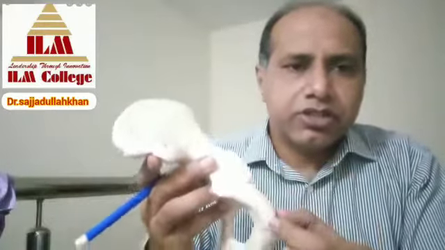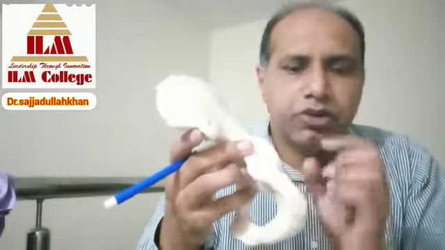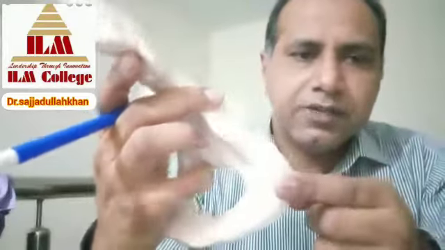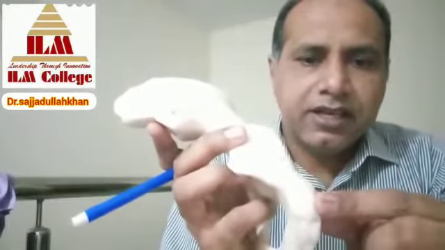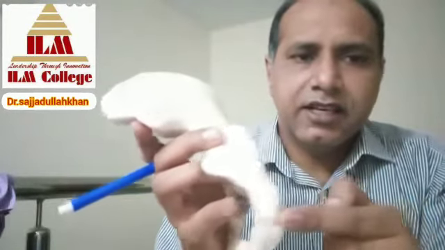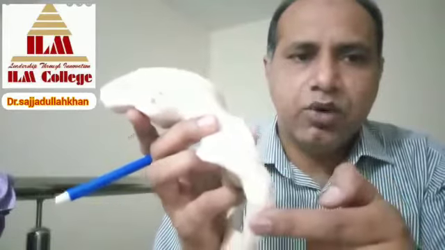The posterior margin of the ischial tuberosity is divided by a transverse ridge into an upper and a lower area.